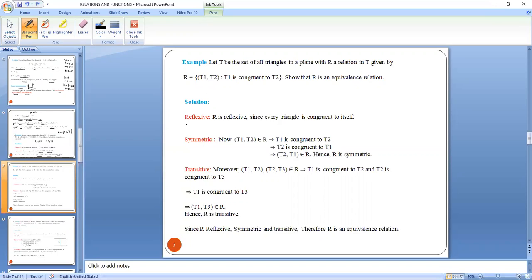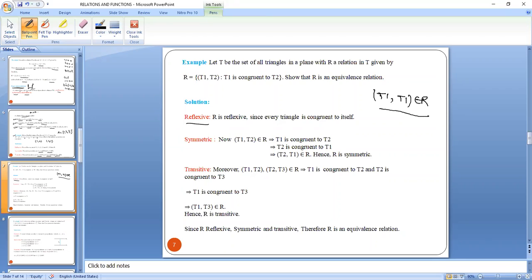Now, first we will check whether the relation is reflexive. Reflexive means the ordered pair T1 comma T1 should belong to R. Reflexive will be T1 comma T1 belongs to R and T2 comma T2 belongs to R. So can we say that T1 comma T1 belongs to R is true?